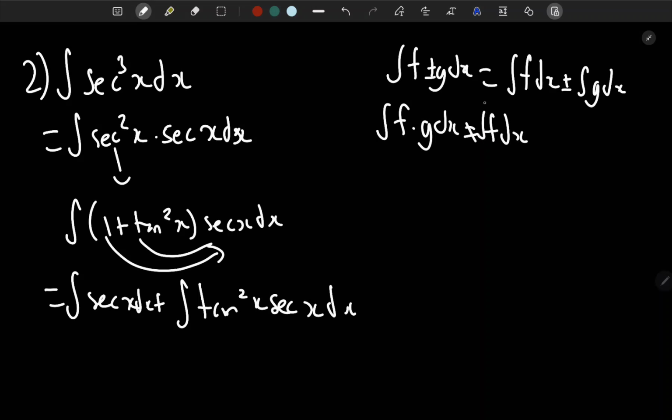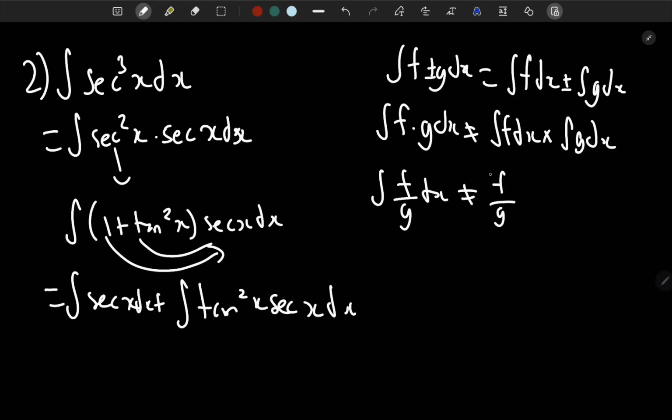For this you need to use what is called integration by parts. And the same goes for integration of f over g dx, which is not equal to the integration of f over the integration of g. So keep that in mind. Here all we did is this part over here.